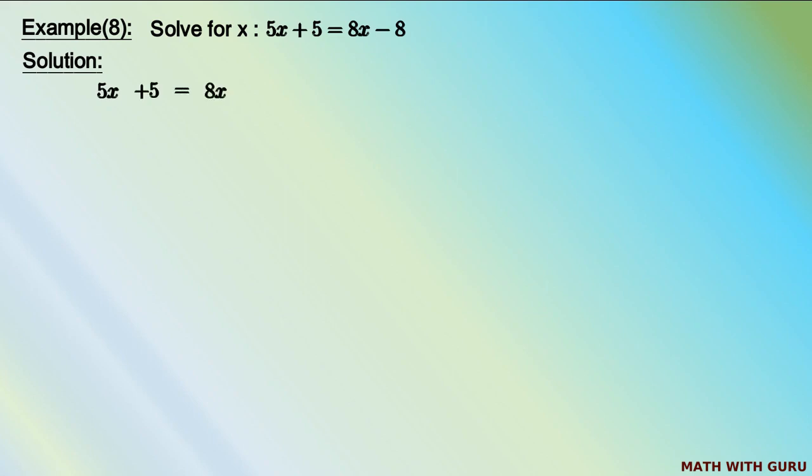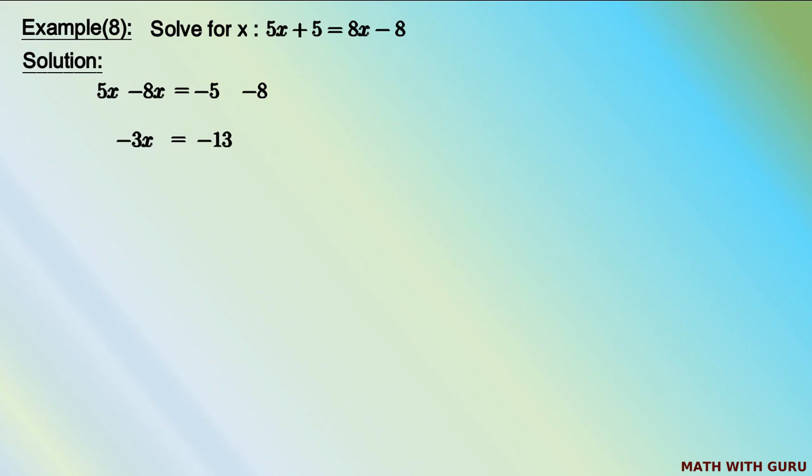Example 8. Solve for x. 5x plus 5 equals 8x minus 8. Let us write down the equation and let us collect the like terms on the same side. Bring 8x to the left hand side and 5 to the right hand side. They change their signs. 5x minus 8x is minus 3x equals minus 5 minus 8 equals minus 13.